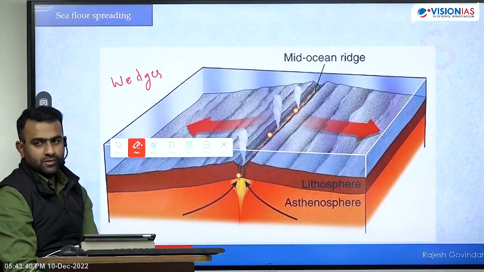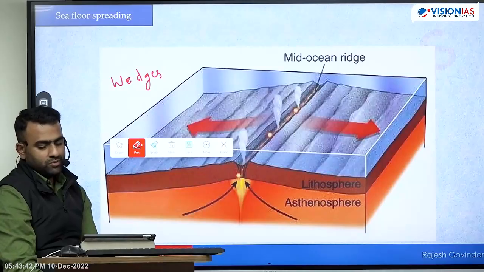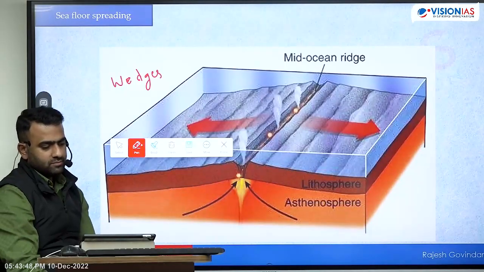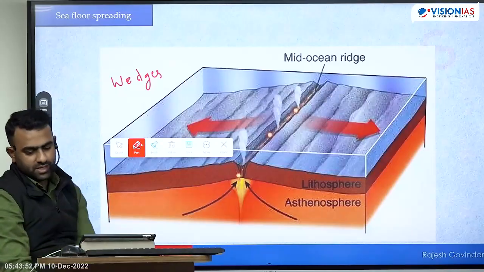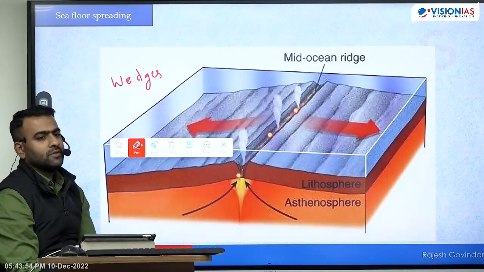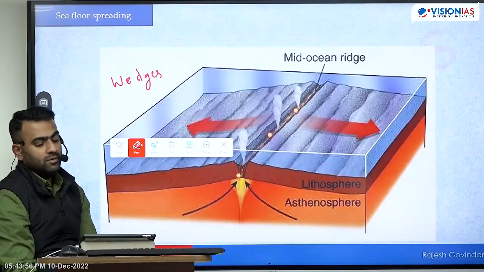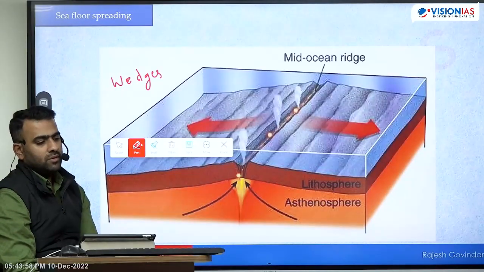Full stop. This pushes the oceanic crust on either side.